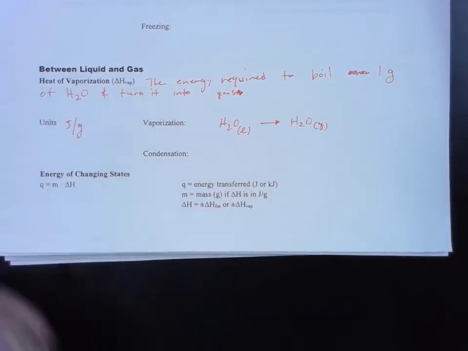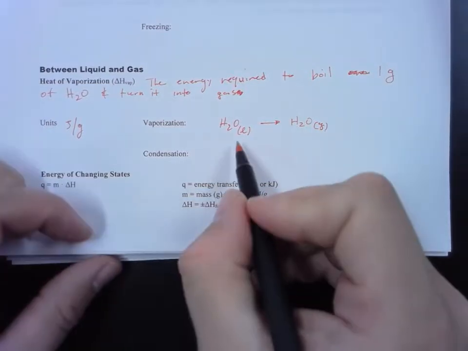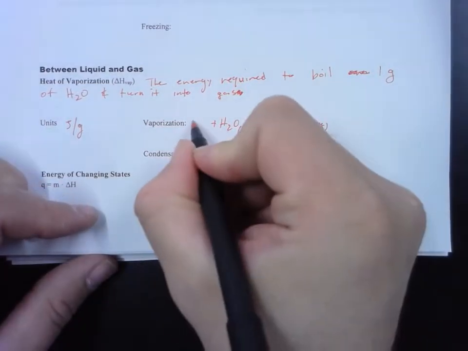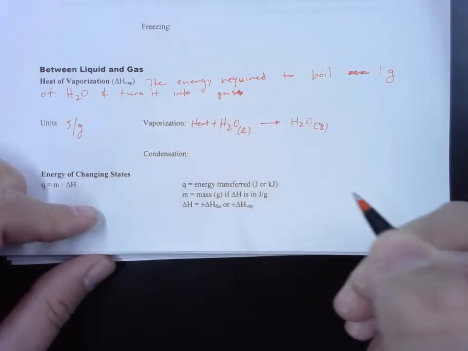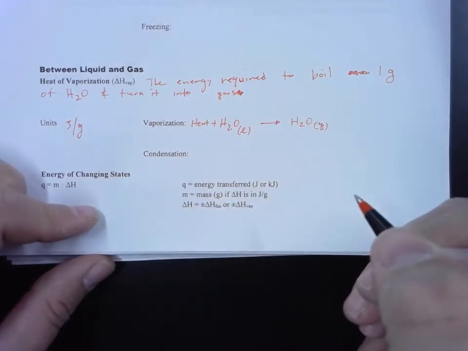Now, which side of this arrow do we put heat on to vaporize it? Well, we're adding heat to the liquid, right? So heat goes on the liquid side.